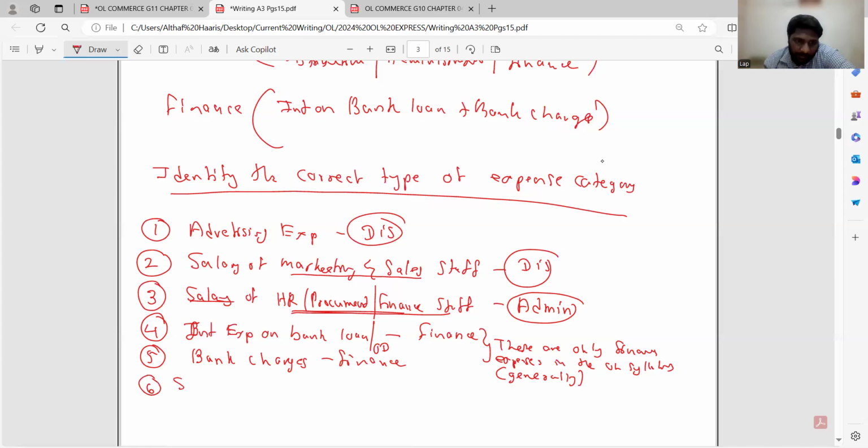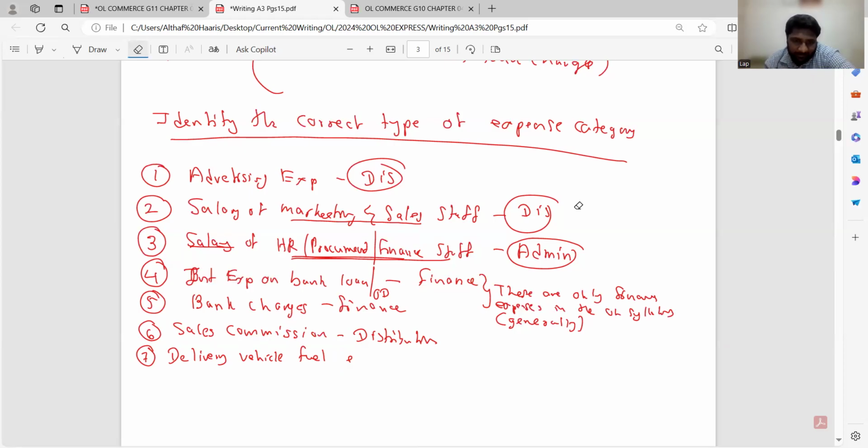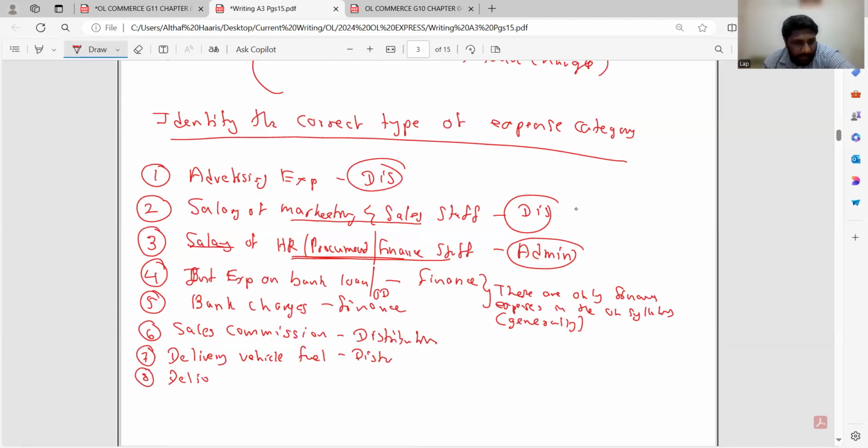Next one. Sales commission. Distribution. Delivery vehicle fuel. It is not petrol, it is diesel, but it says fuel. Distribution. Any expense of a delivery vehicle is distribution.